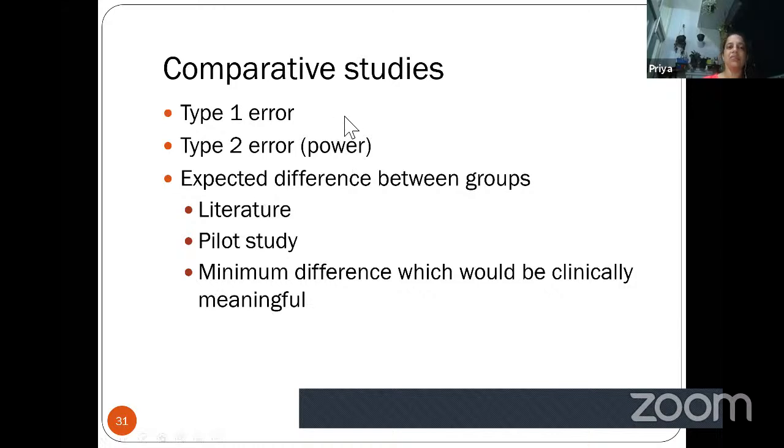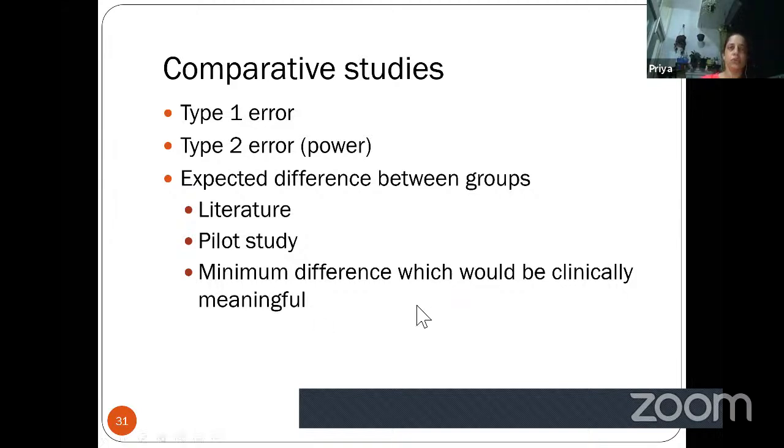We no longer stick to the 5% type 1 error and 20% type 2 error limits. You can be a lot more generous. So you will find phase 2 studies with a type 1 error of 20% or 30%, because you just need to get that hint of whether you should go ahead or not.